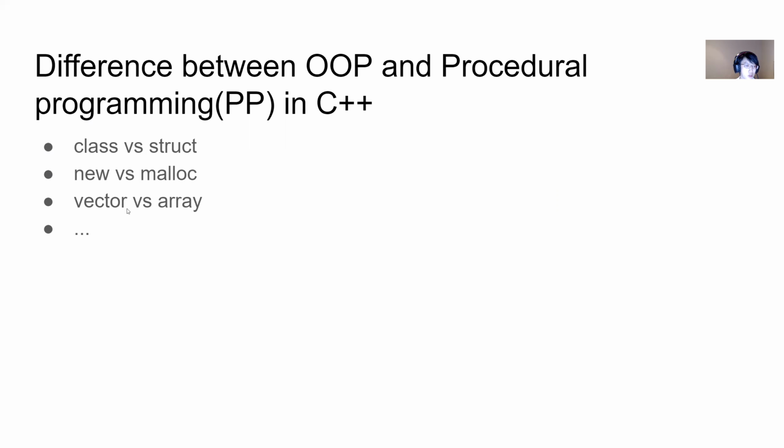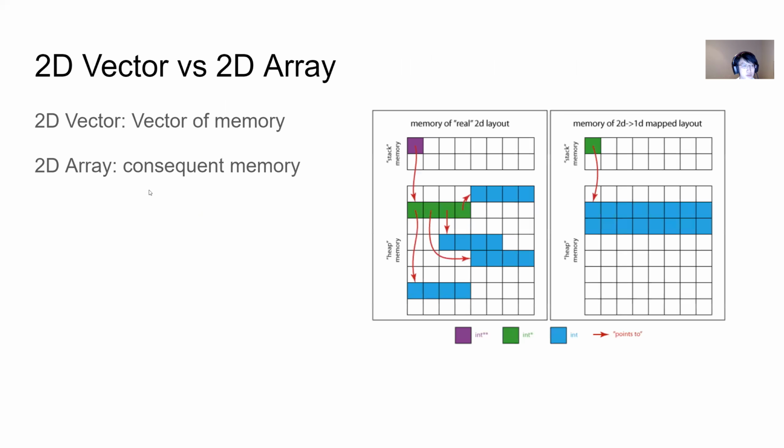Because if we use vectors, we may use a 3D or 2D vector. In a 2D vector, we need to know that the first vector is a vector of pointers, and then the other vectors are in different memory.